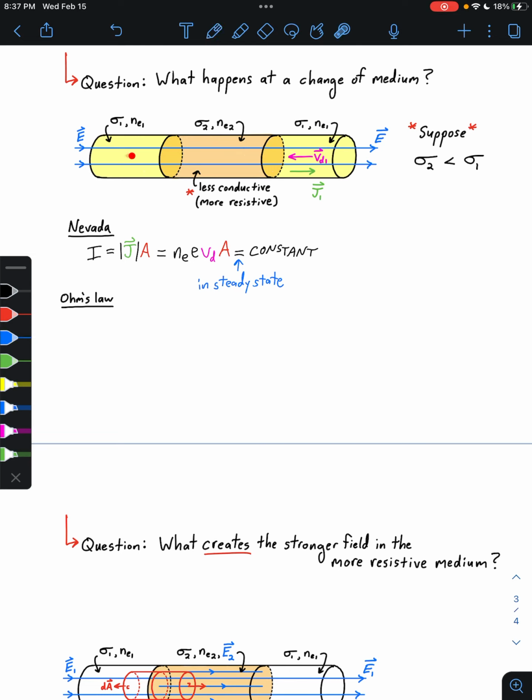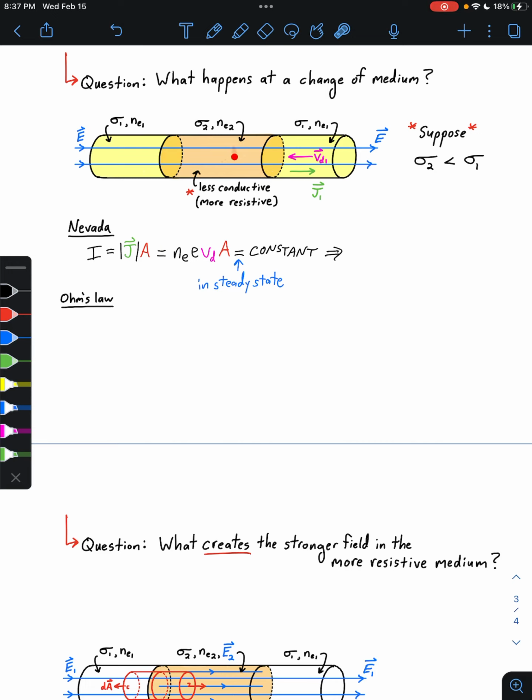All right, so the current in equals the current out, which implies that, if we applied this equation here to both material 1 and material 2, then these values for material 1 equal these values for material 2.